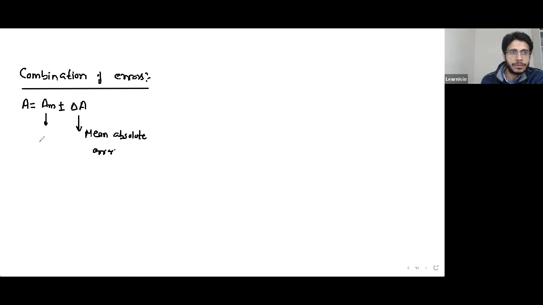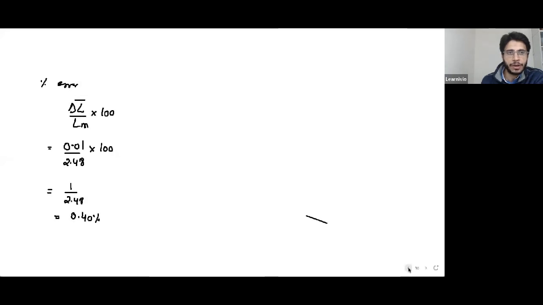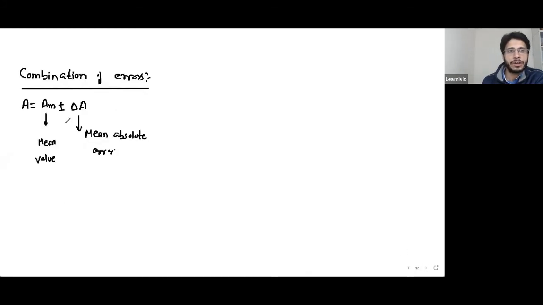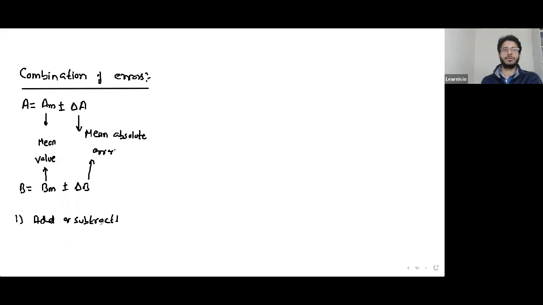And AM is the mean value, and this is the mean absolute error which is given. So you have a quantity A with its mean value and mean absolute error. Similarly, you have a quantity B with its mean value and mean absolute error. Now, if I ask you to add or subtract, addition and subtraction is easy.